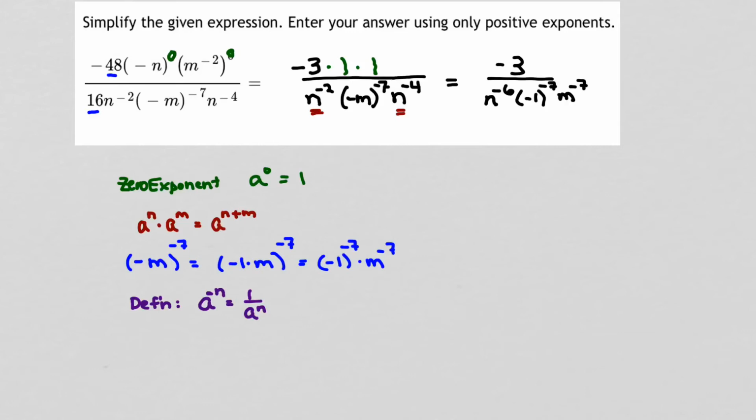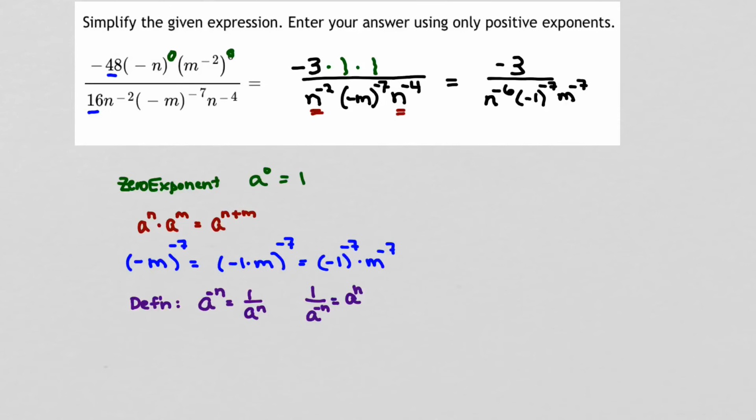In a similar fashion, if I have a base with a negative exponent in the denominator, I can make it a positive exponent by moving the base from the denominator up to the numerator, in other words, inverting it, and making my exponent positive. That's our definition for negative exponents.